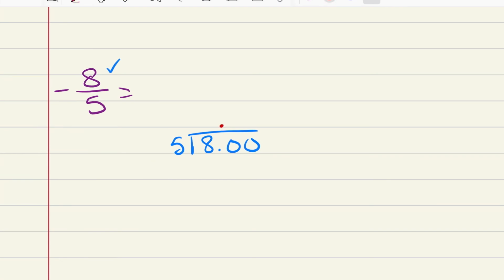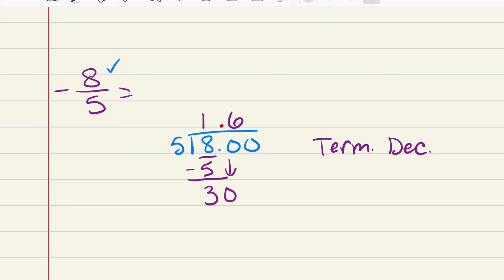I'll bring my decimal up because 5 can go into 8. Only once, but it can. Do some subtraction, bring down my 0. And 5 goes into 30 6 times, so this is a terminating decimal. Nice and pretty. And then we have 1.6, and we are not gonna forget our sign here.